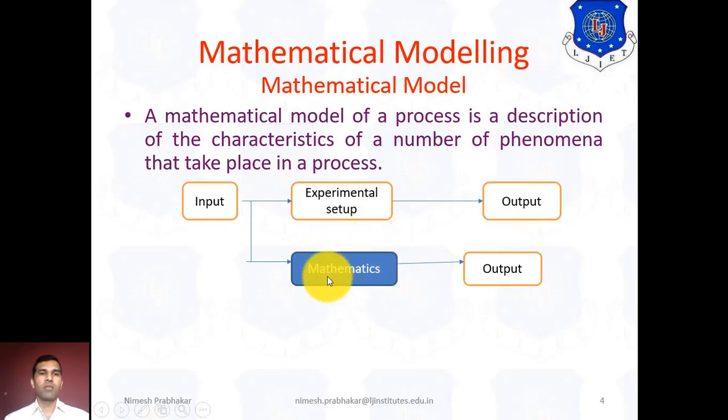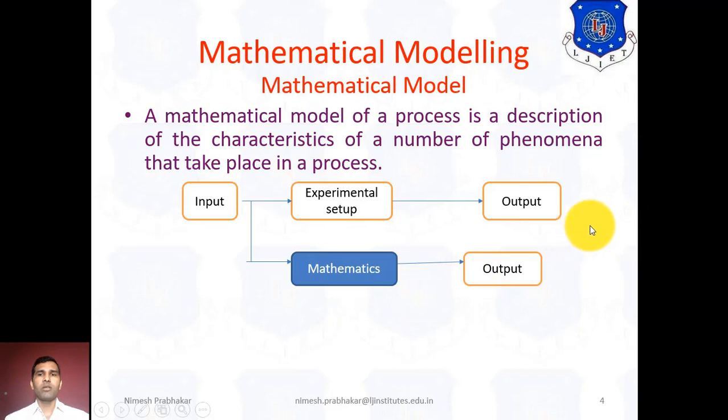So this is nothing but the representation of the experimental setup. This block is known as the mathematical model. So this experimental setup we represent by some mathematical equation.